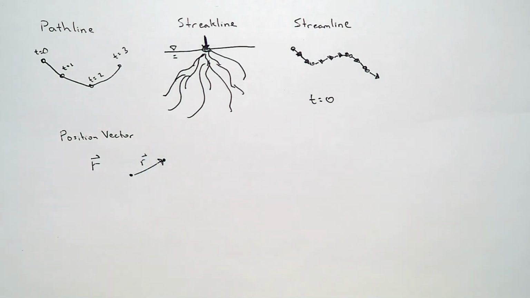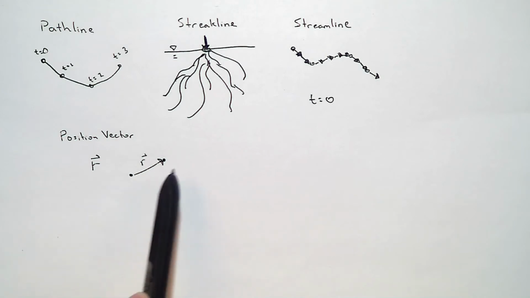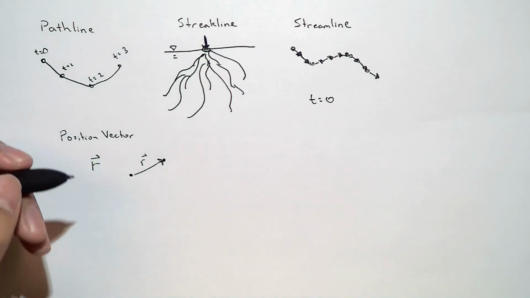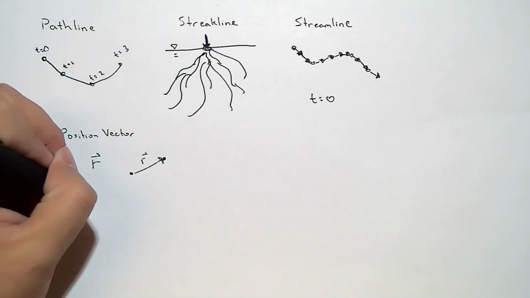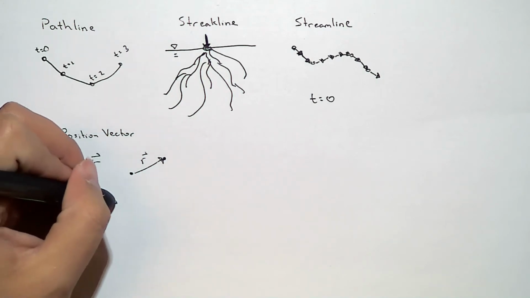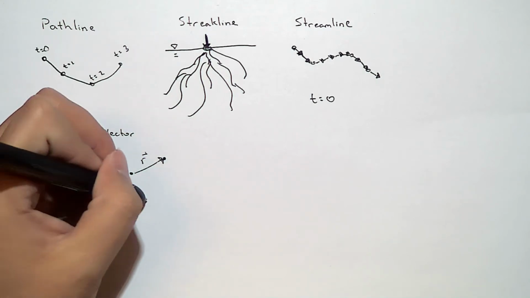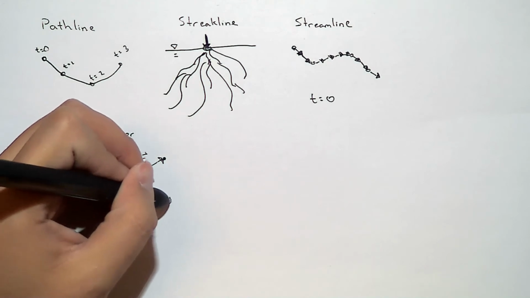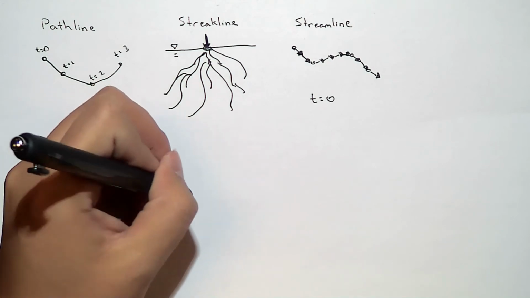Now what this tells us is that as long as you had the coordinates of your points, then you had your position vector. And if you remember from statics, we said that calculating the position vector was as simple as taking the difference in your x, y, and z coordinates for that vector.